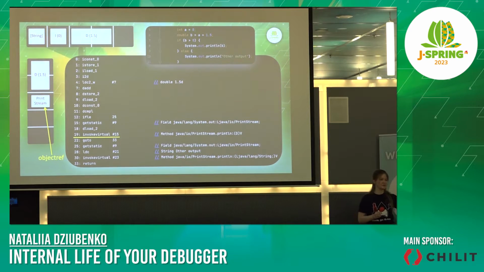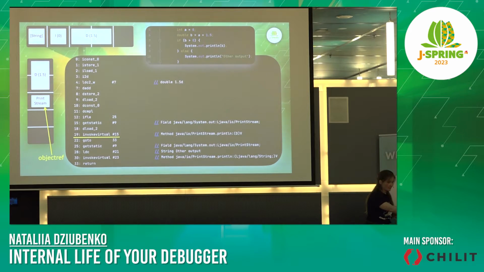We specify which method we would like to invoke, reference number 15, which means that we would like to invoke the println method, and what it accepts is specified inside of the parentheses. So it's capital D. It means that it accepts a double value, and capital V outside means that it returns void. So these are the descriptors of the methods.